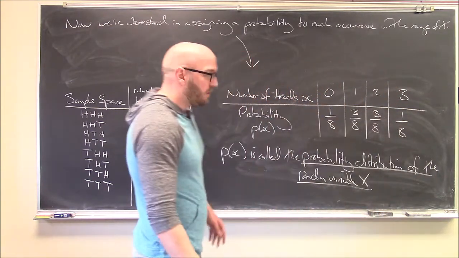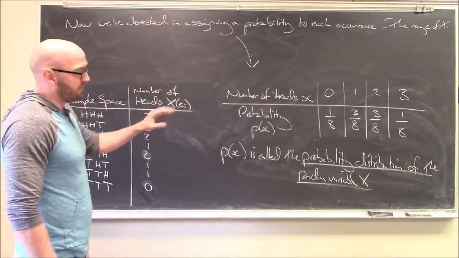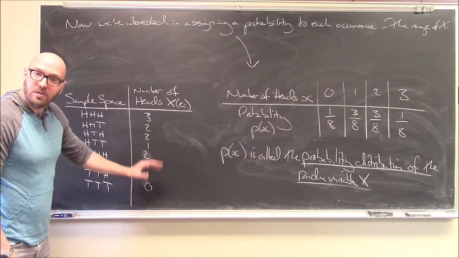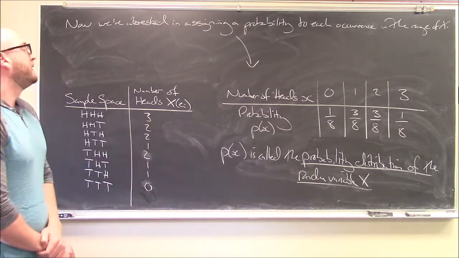So formally that's what it's called. It's a probability function that assigns a probability to each of these image values of the random variable.